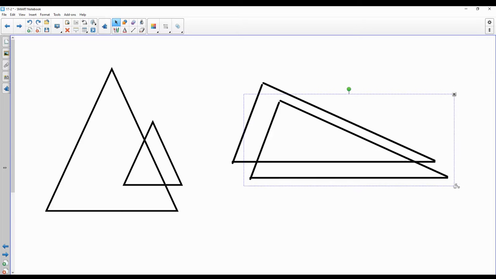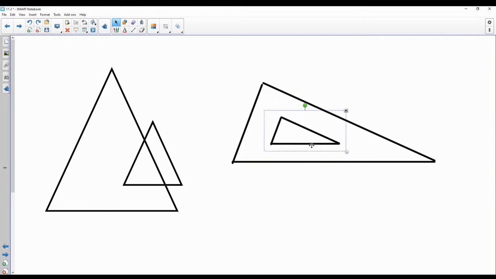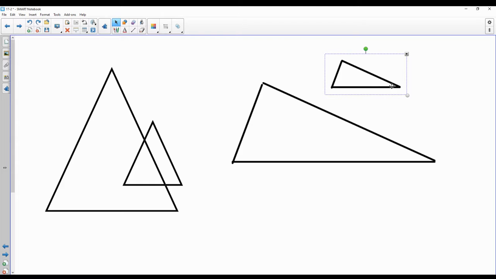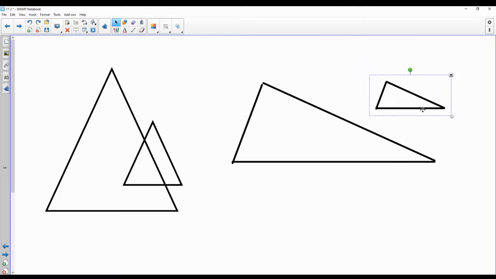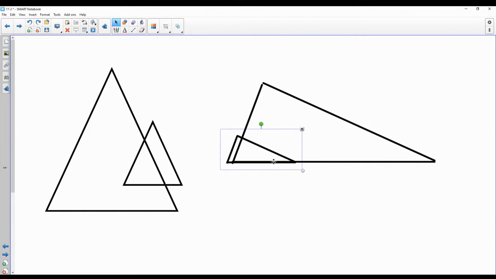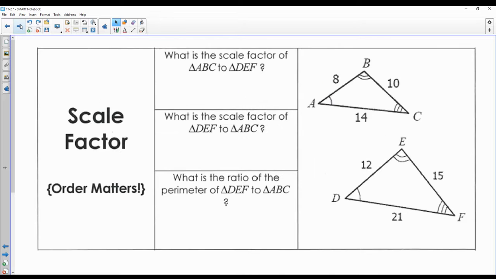Now we're going to shrink it. Again, we've got similar triangles. These are still the same shape. My side on the left is the smallest. They're still similar triangles, but look right here. Even though the sides are different, those angles are the exact same measure. That's what I was trying to point out.